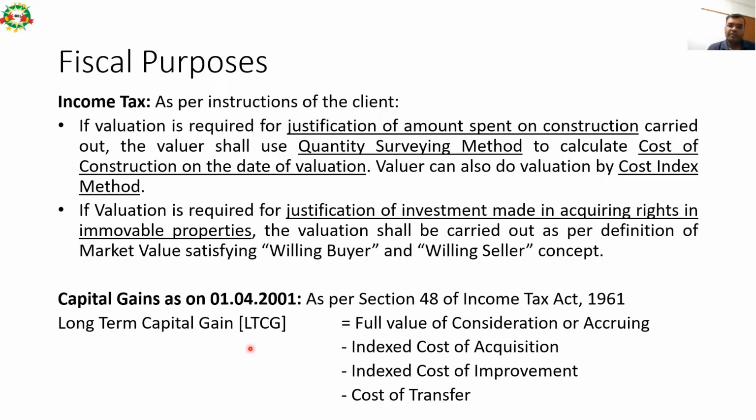Long-term capital gain, also abbreviated as LTCG, is equal to full value of consideration accruing minus indexed cost of acquisition minus indexed cost of improvement minus cost of transfer. So we'll further understand this formula in session number 3 of current playlist.